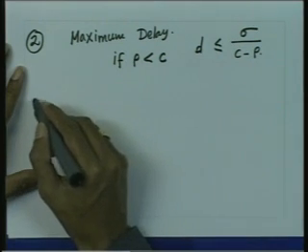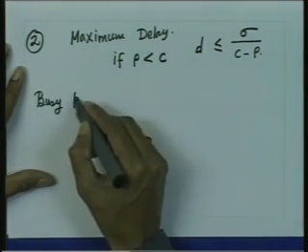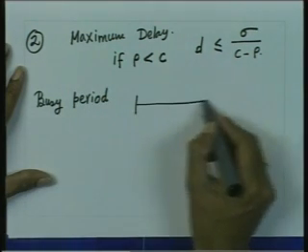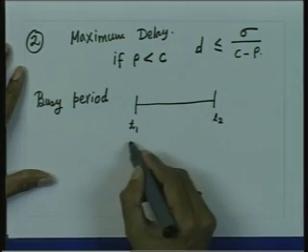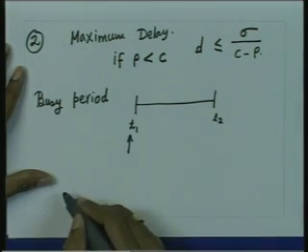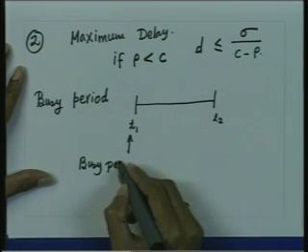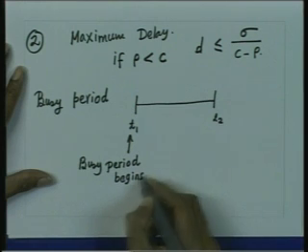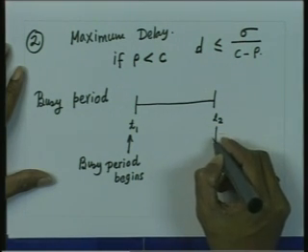Now let us define the busy period. To prove this result, we define the busy period from t1 to t2. So we are saying that the busy period begins at t1, and at t2 the busy period ends.